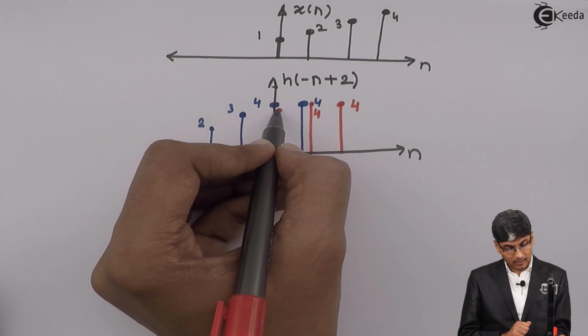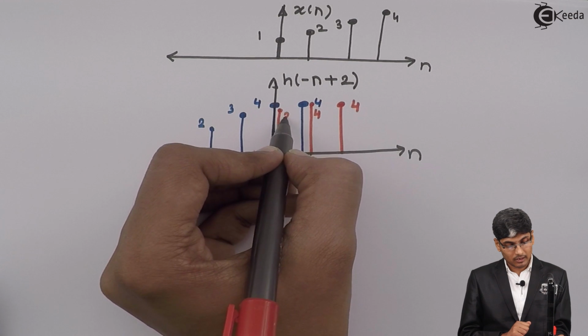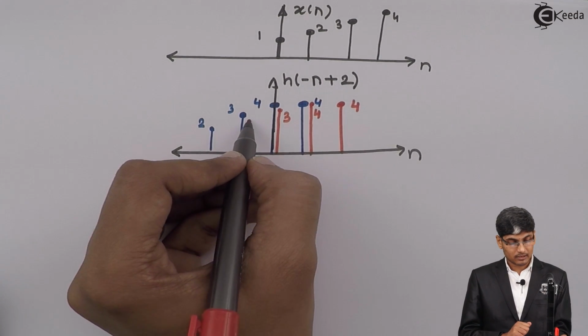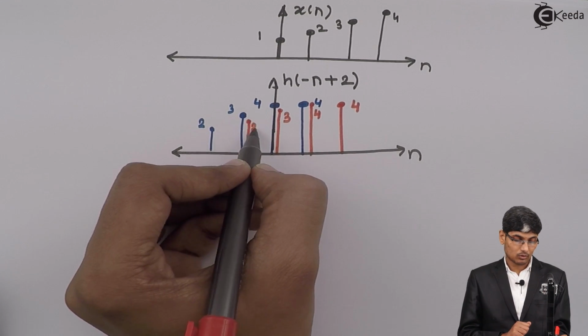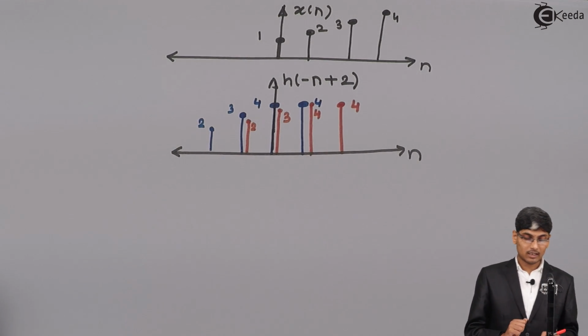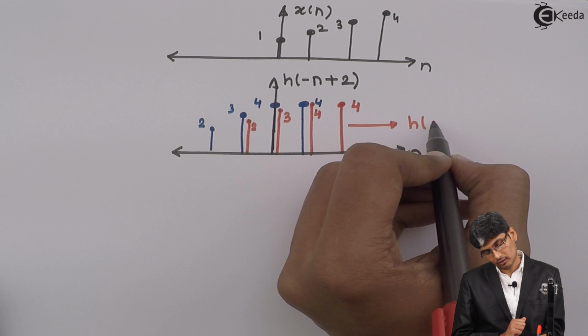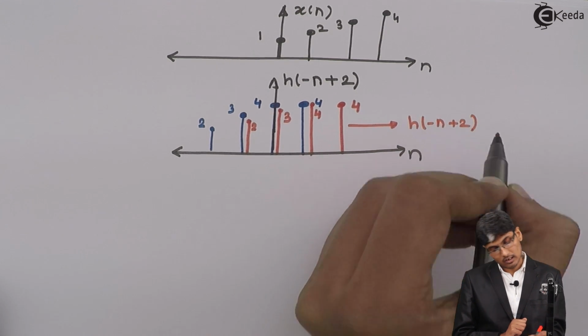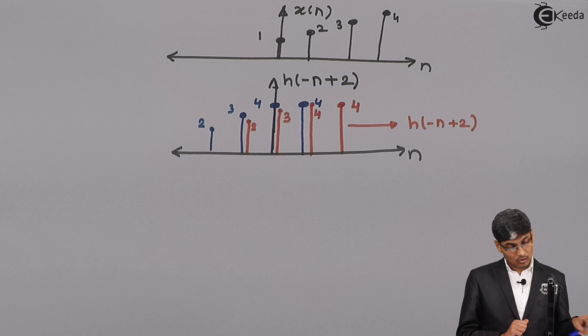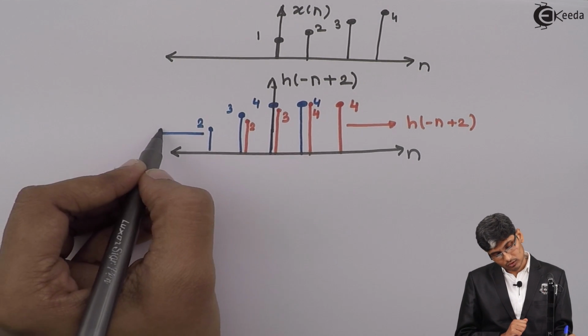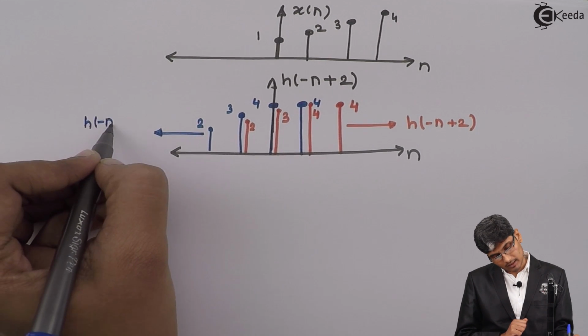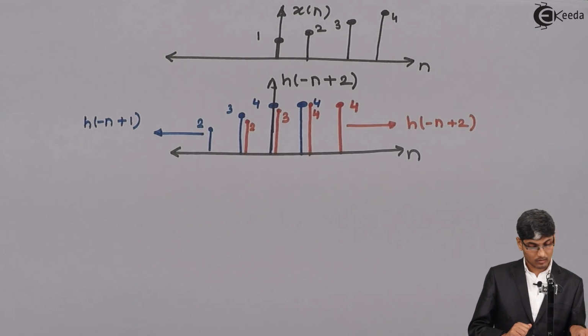This will take its value and it becomes 3, and this will get shifted and gets the value of 2. So the red curve shows a shift of h of minus n plus 2, whereas blue shows h of minus n plus 1.